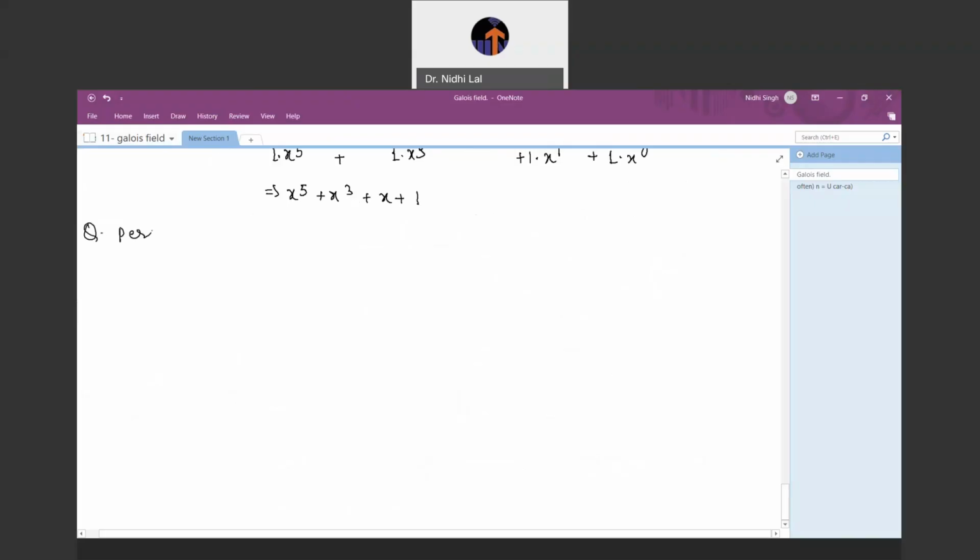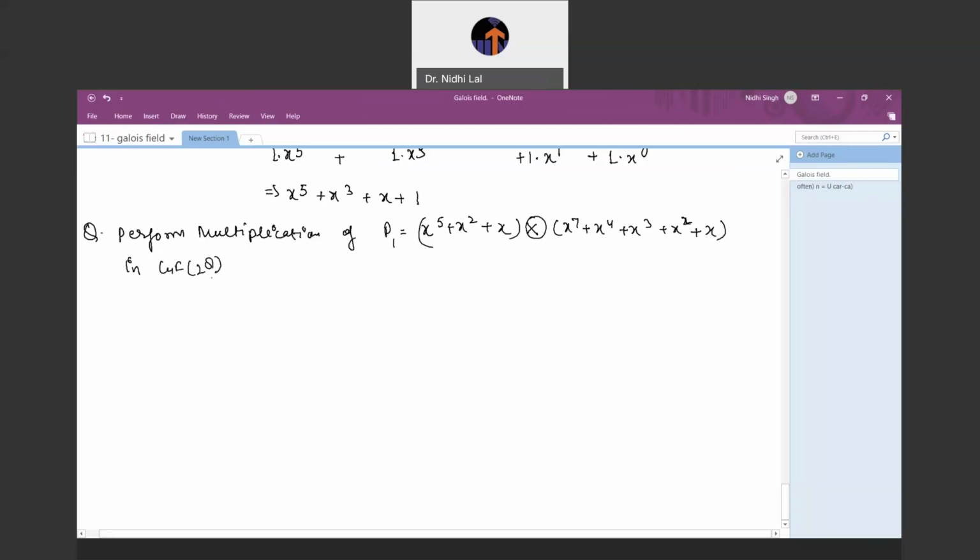So perform multiplication of p1, that is x to the power 5, x squared and x, multiplication sign, and p2, x to the power 7, x to the power 4, x cubed plus x squared plus x. In GF 2 to the power 8, the highest degree is 7.